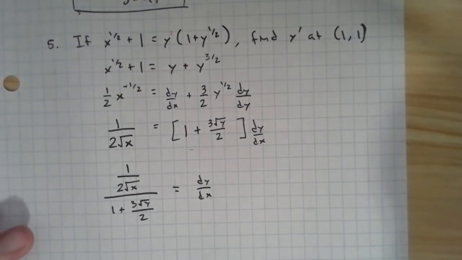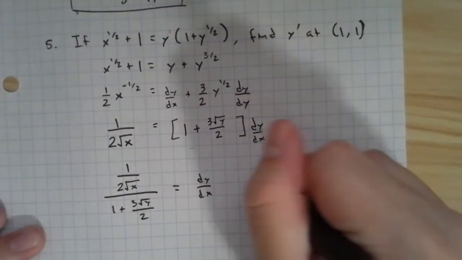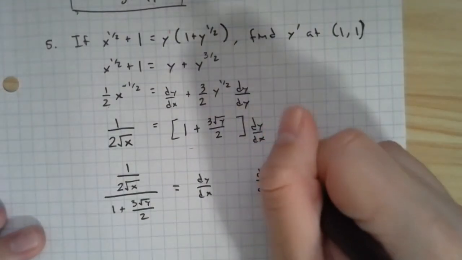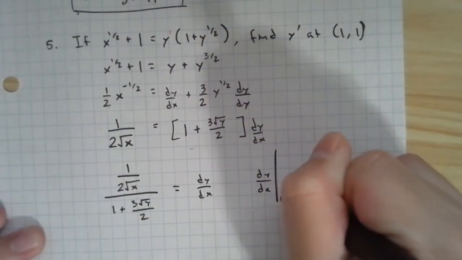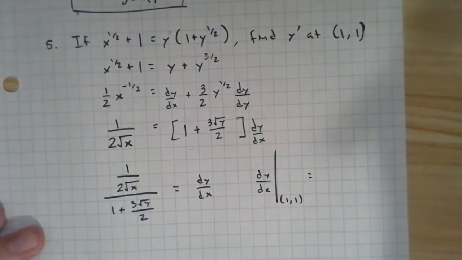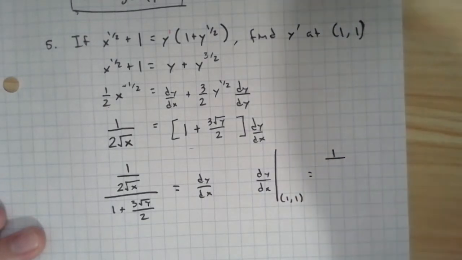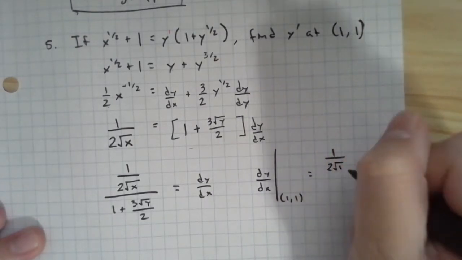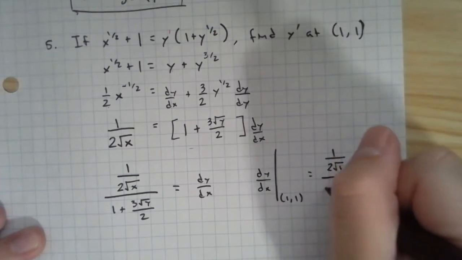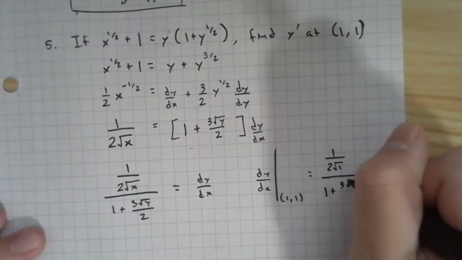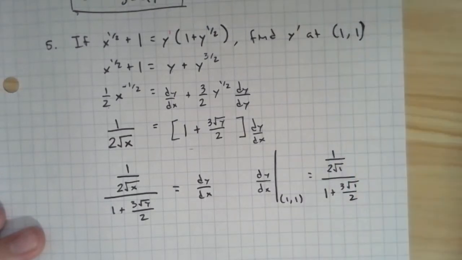and see what all this reduces to. Okay, so dy dx, right, at 1 comma 1 will be 1 over, both x and y are 1 and 1, so 2 square root of 1 over 1 plus 3 square root of 1 over 2.